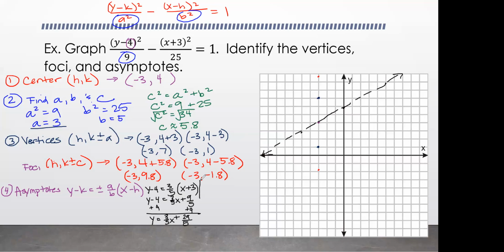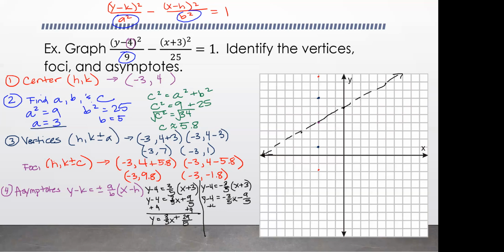Then I have my other one, because this is plus or minus. My other one would be y minus 4 is equal to negative 3/5 times x plus 3. Here again, I would distribute, and it would be negative 3/5 x minus 9/5, because negative times positive is negative, and I still have this y minus 4.